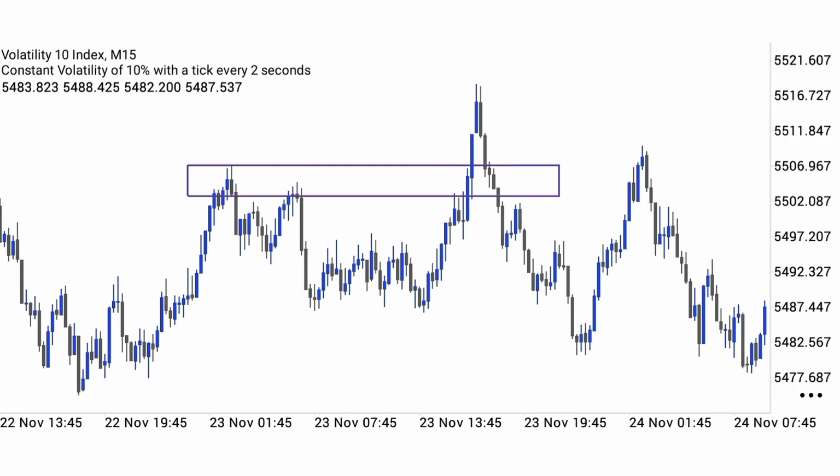So in this video, I'm going to be teaching you about supply and demand. And as you can see, we have a very good supply area here, which this line is representing. So one thing about the supply and demand is that supply and demand is like support and resistance. But for support and resistance zone, you can use them multiple times on the chart.